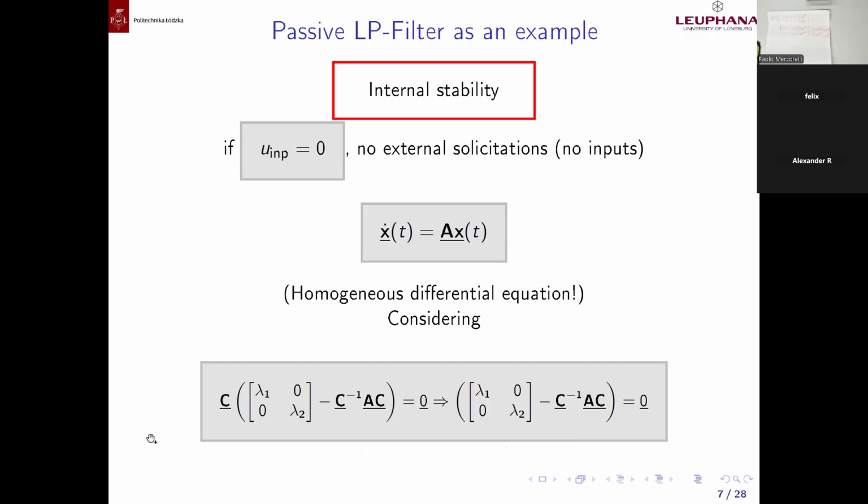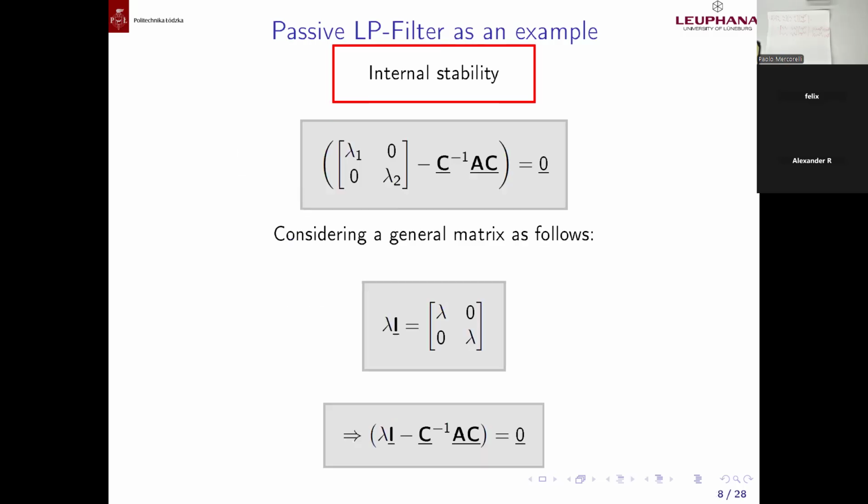I don't know if it's clear. I multiply on the left by C up to -1. I will cancel C. I will obtain this. Clear, no? Assuming that C is invertible. Again, the expression which I have.